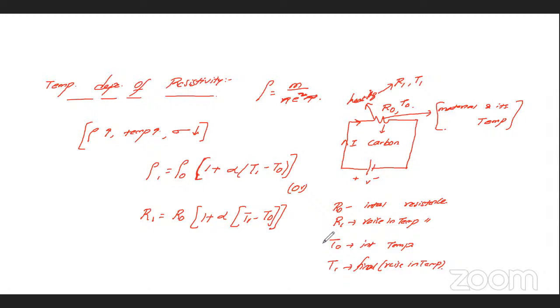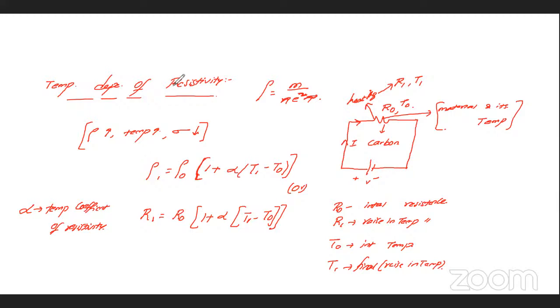Here alpha is called the coefficient of resistivity, or the temperature coefficient of resistivity. We'll see the relation for alpha from this case. If you want, you can consider this step by step, and it will be easy for you.